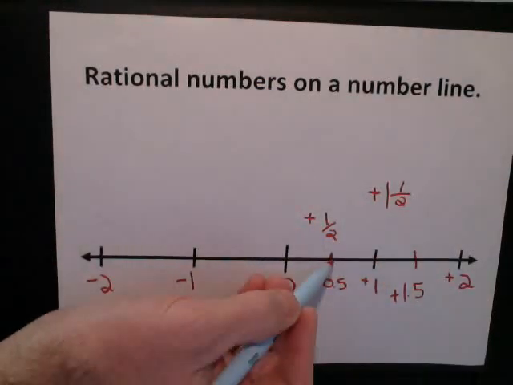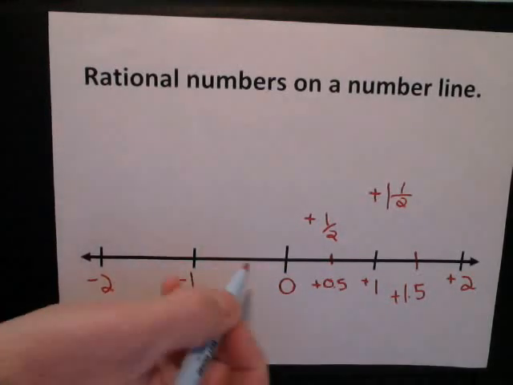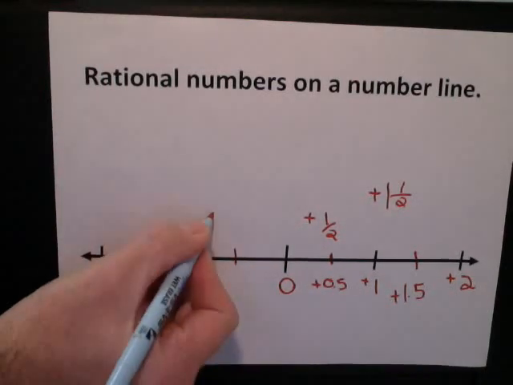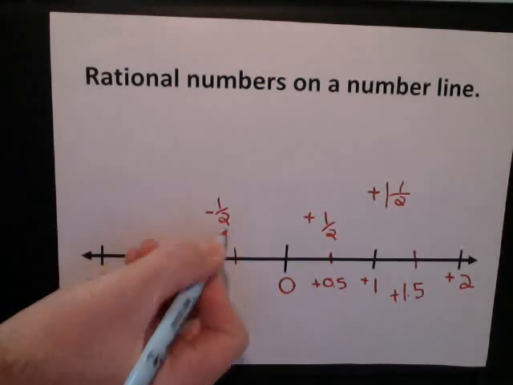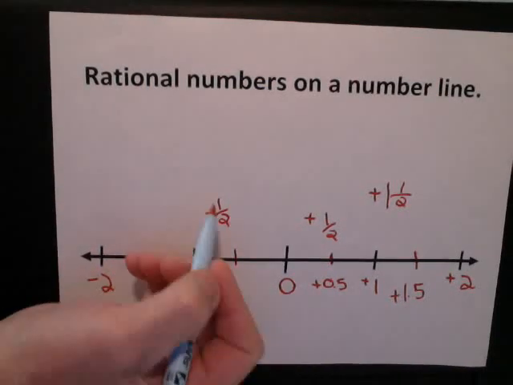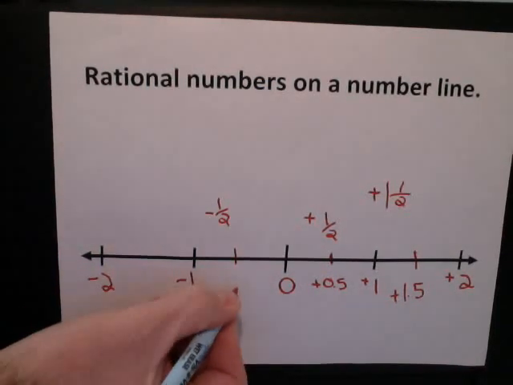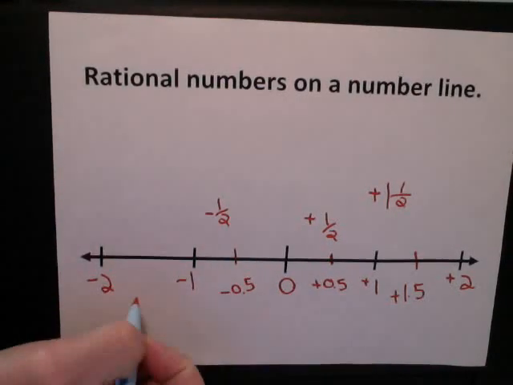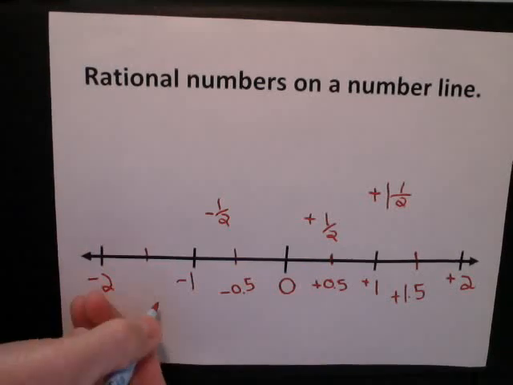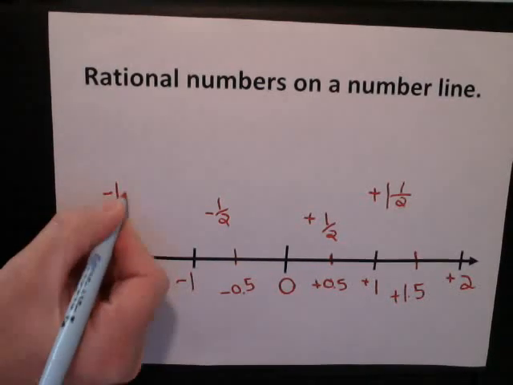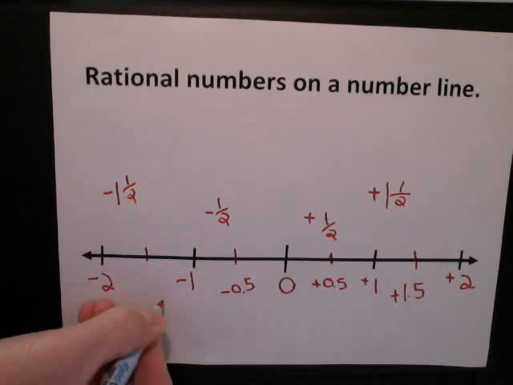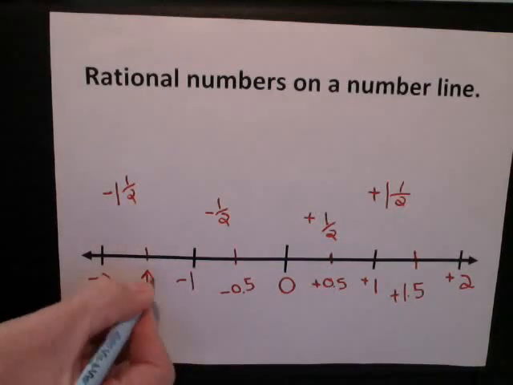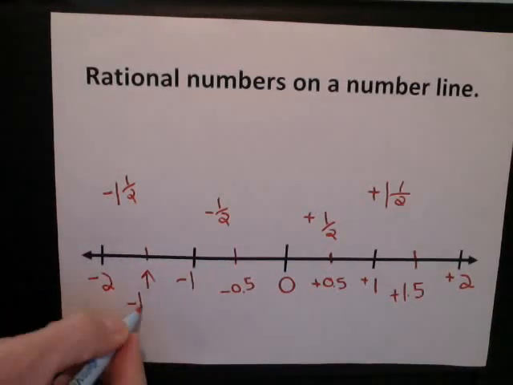And, of course, each one of these has an opposite. So right here would be a negative half. Well, if it can be written as a negative half fraction, it can certainly be turned into a decimal, negative 0.5. And then, of course, if you're right here, you would have a negative 1.5.